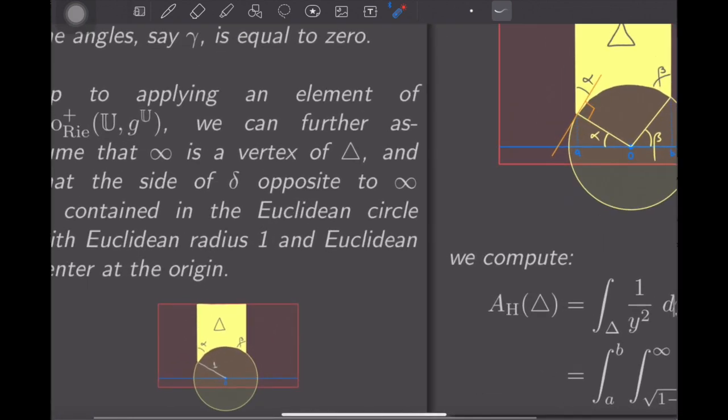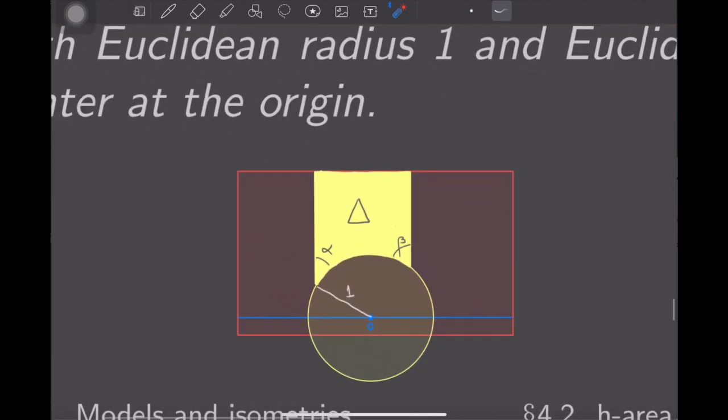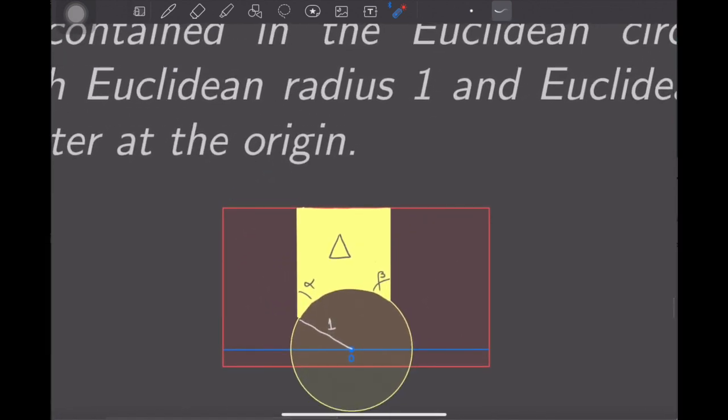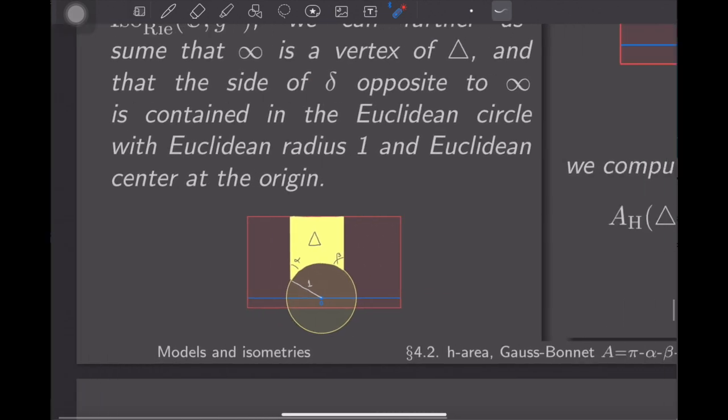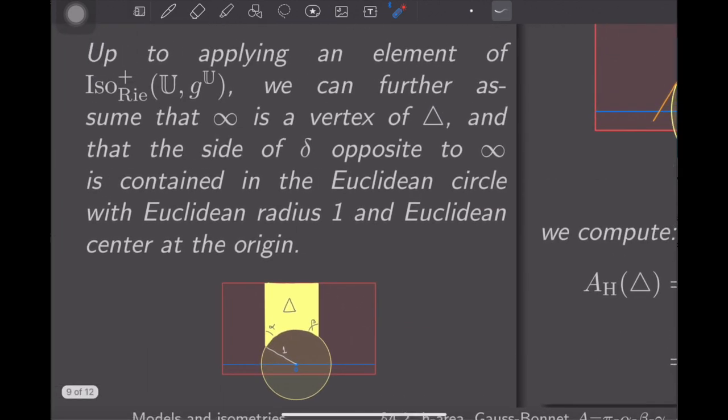So, without loss of generality, here is the upper half plane, and first of all I can assume that the third vertex is the point at infinity. So the angle gamma is 0, but it's infinitely far away. That's the first thing I can do.